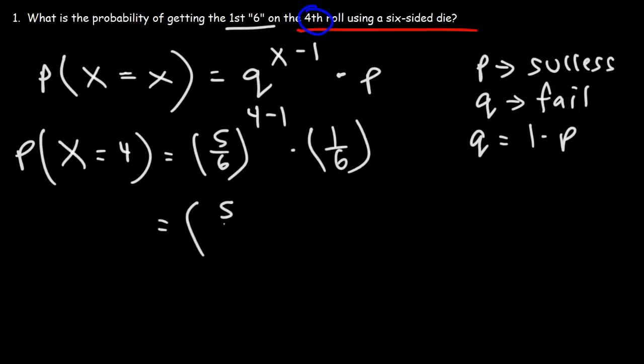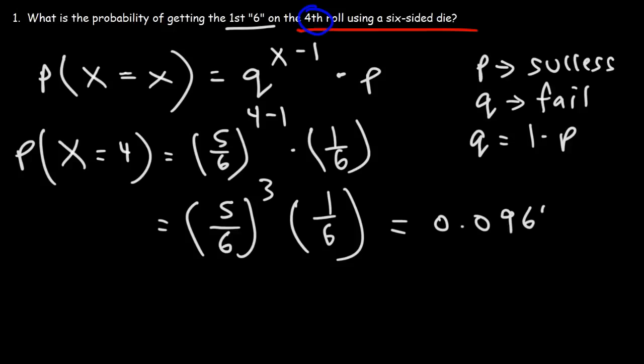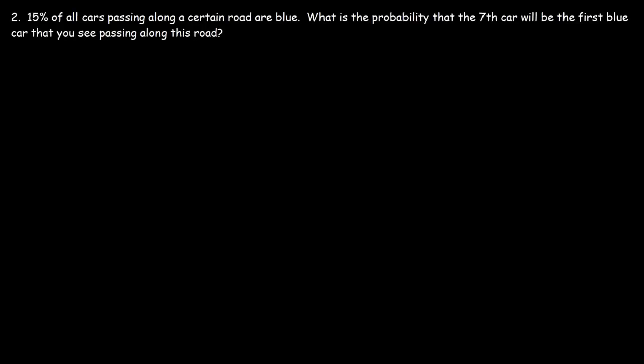And so as you can see, this will give us the same answer, which is going to be 0.09645. But that's how you could use the formula in order to calculate the probability of a geometric distribution.